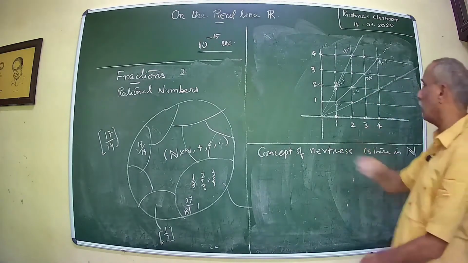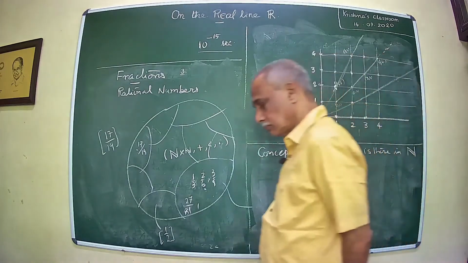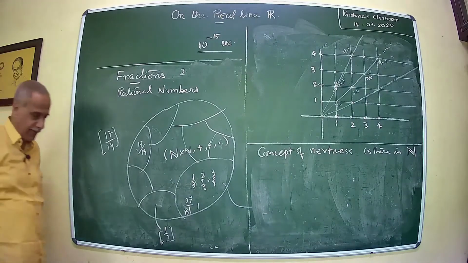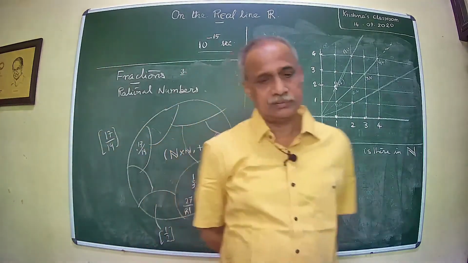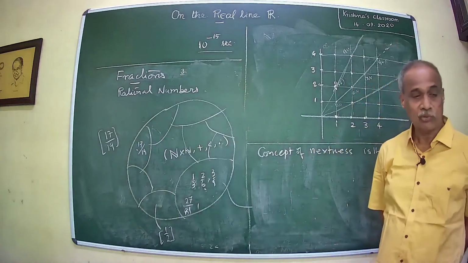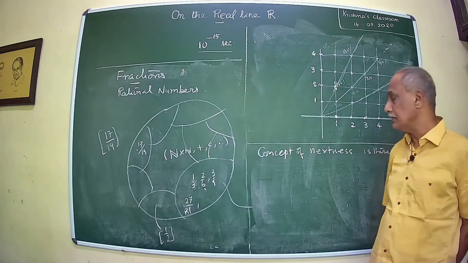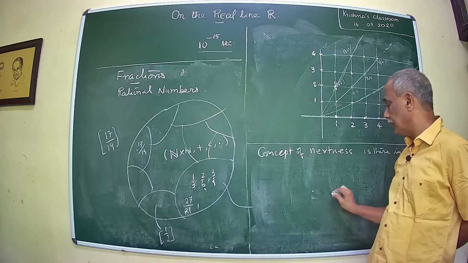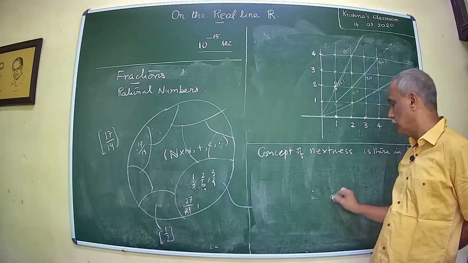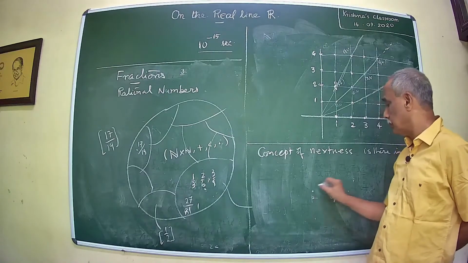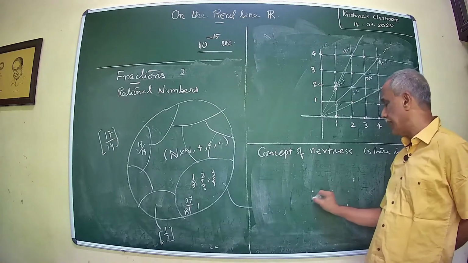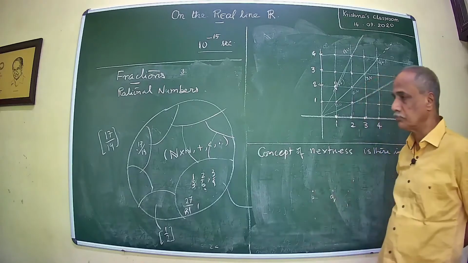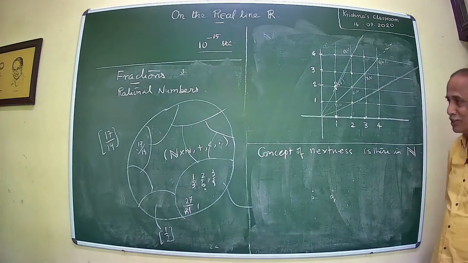Do you have a similar concept here? Given a rational number, can you find a rational number next to it? What would this mean? This means that if there is a rational number here, say P, and another rational number here, Q, and Q lies next to P, there should be no rational number between P and Q. But that is not the case.